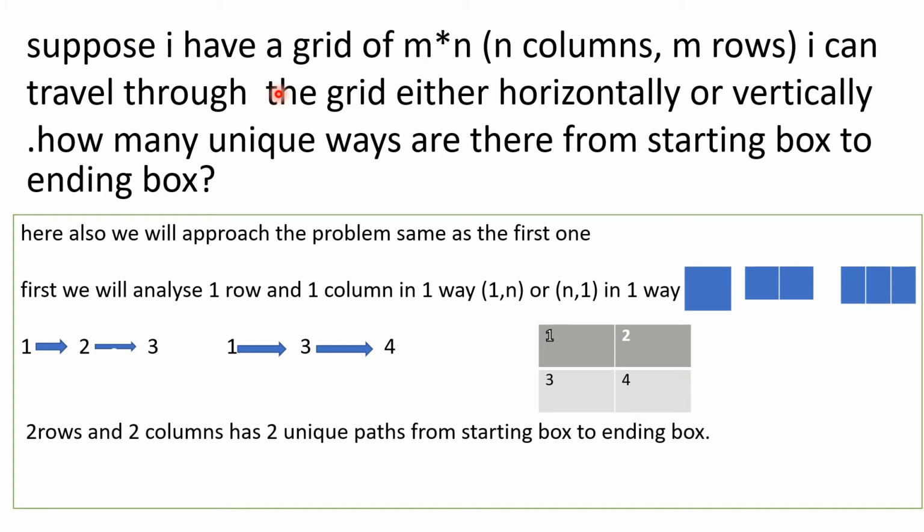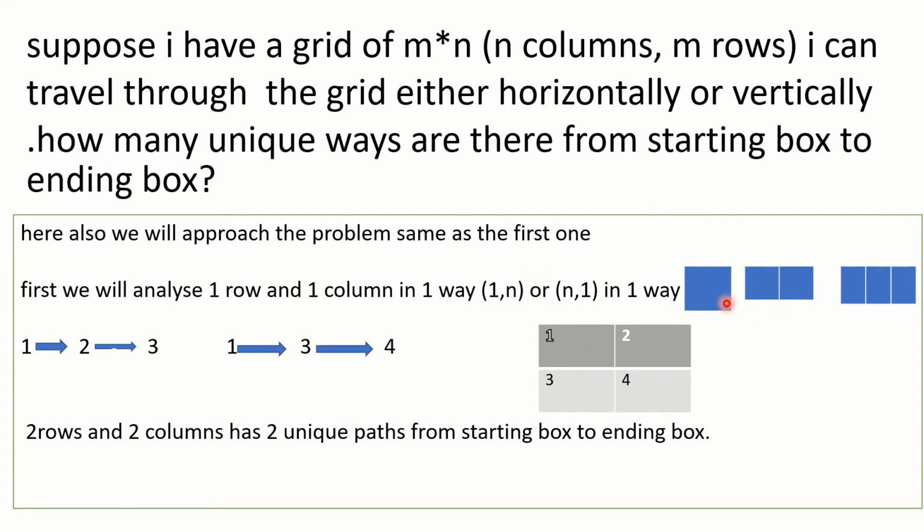To reach the ending block in an m into n grid, how many unique ways are there to reach from the starting box to the ending box? You can move horizontally or you can move vertically, or what we can do, we can move to the bottom, right?